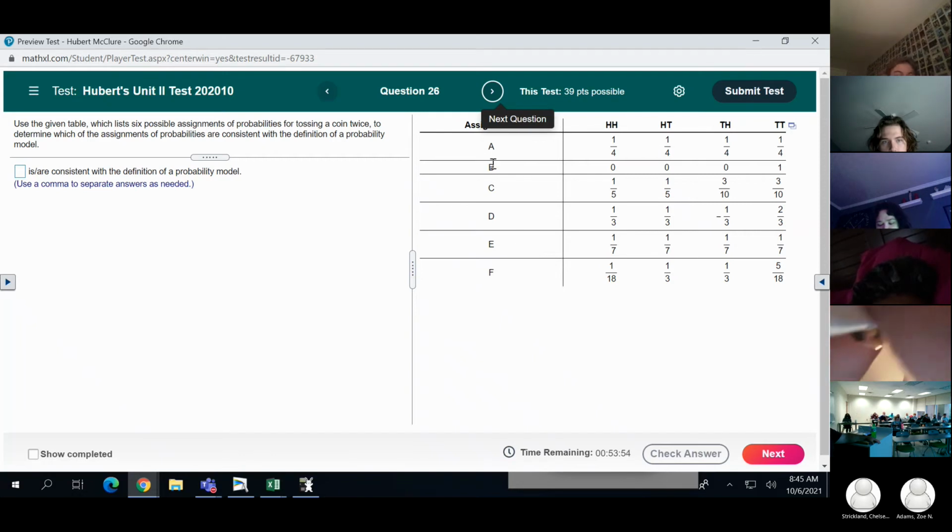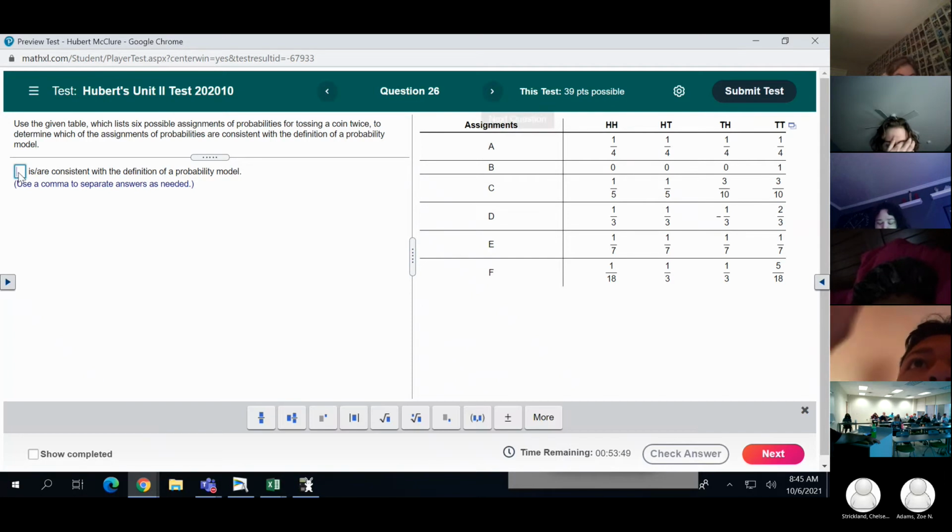So it should be A, B, C, and F. Yeah, but you add them together, what do you get? 1. Remember, the test is, it's got to be between 0 and 1 for each probability, and all of them together have to equal what? 1. That's the two tests. So A, B, C, and F. That's your answer.